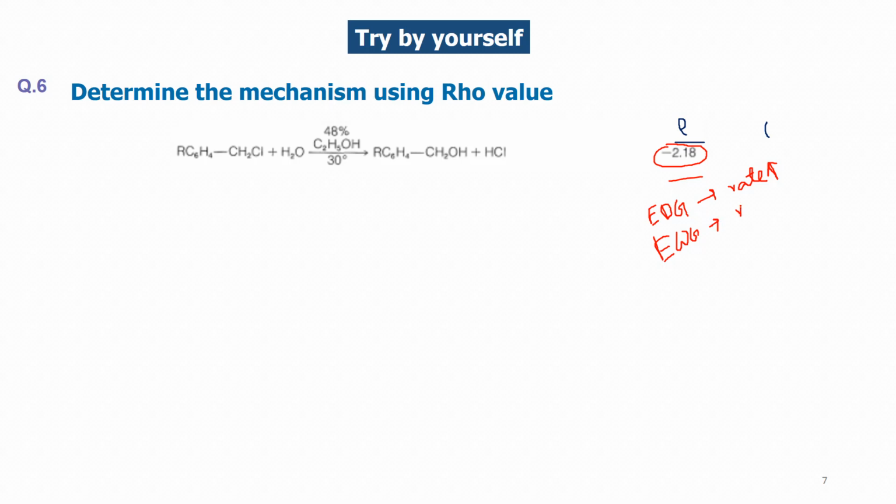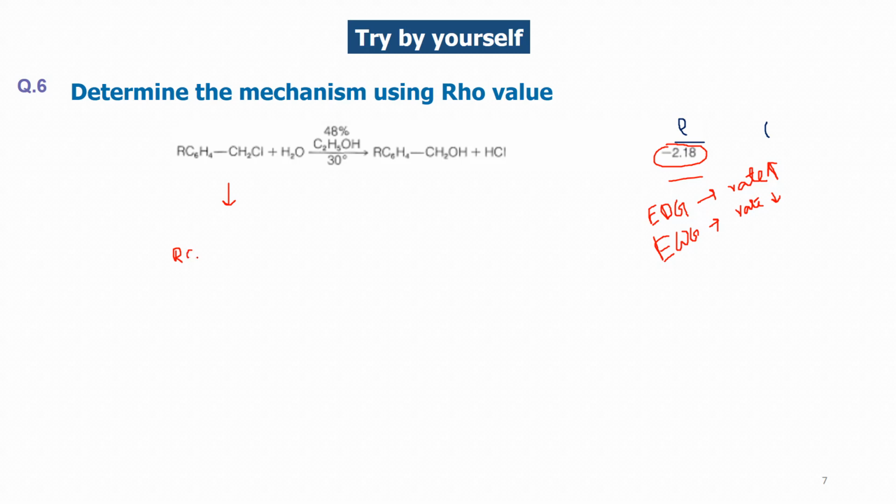Based on that, you can determine the mechanism: a positively charged intermediate will form.